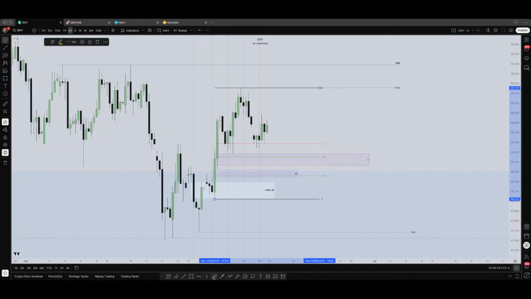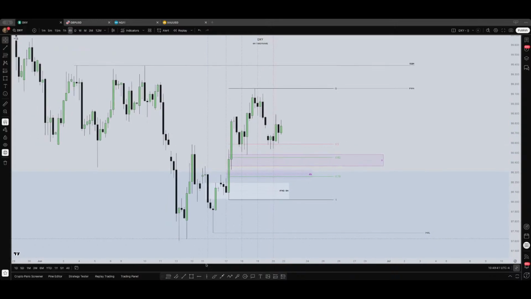As you can see, all these imbalances are below the midpoint. This is discount. So after the price moves to the buy side, we expect a retracement into discount. In discount we have this daily fair value gap and this 4-hour fair value gap, and both are in the optimal trade entry area.